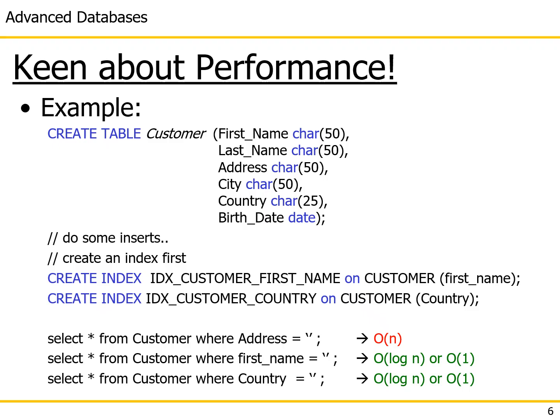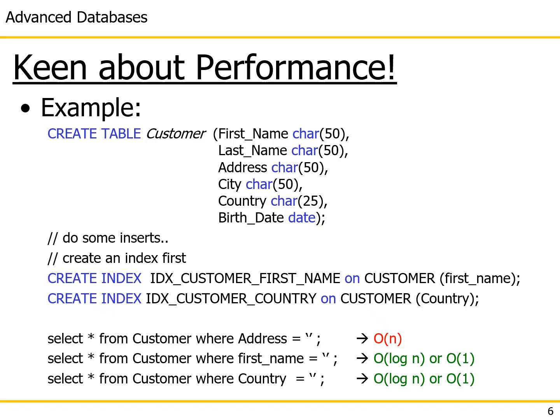Now, what's the impact of using an index? When you run a query and the database engine finds out that you've previously created an index that could be used to answer the query, because remember, the index is storing the information from the column it's built on, it will use the index. It will not do a sequential, brute force scan of the customer table from first row to last row.